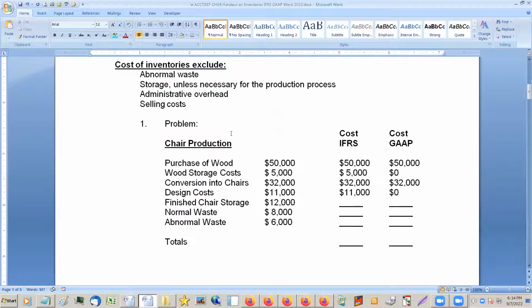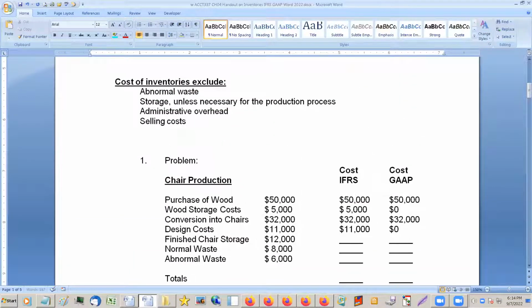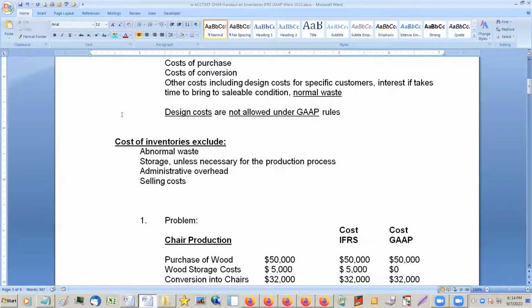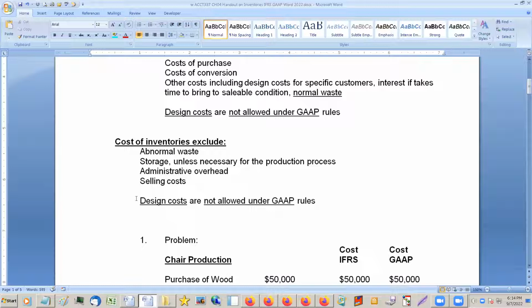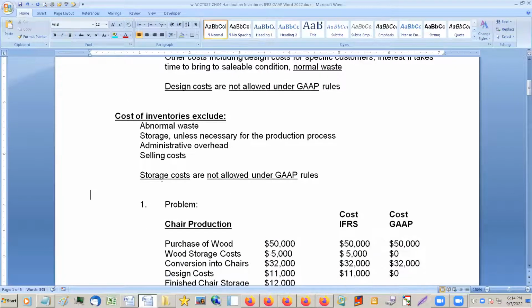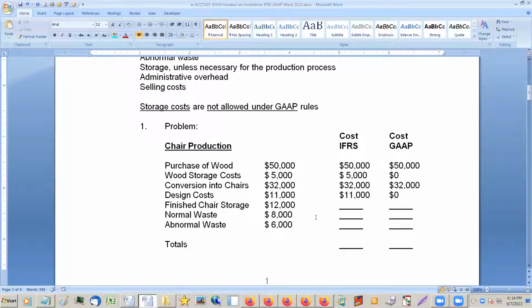I have room. Okay. Finished chair storage, neither one of them allow for that. The only thing they allow is for the raw materials to be stored. The rest of this is a selling expense.